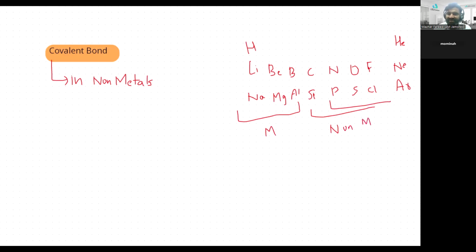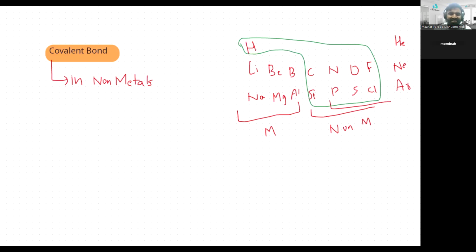Except hydrogen, these on the left are metals, and hydrogen is a non-metal, along with the remaining elements such as carbon and silicon. So a covalent bond is only present in non-metals.